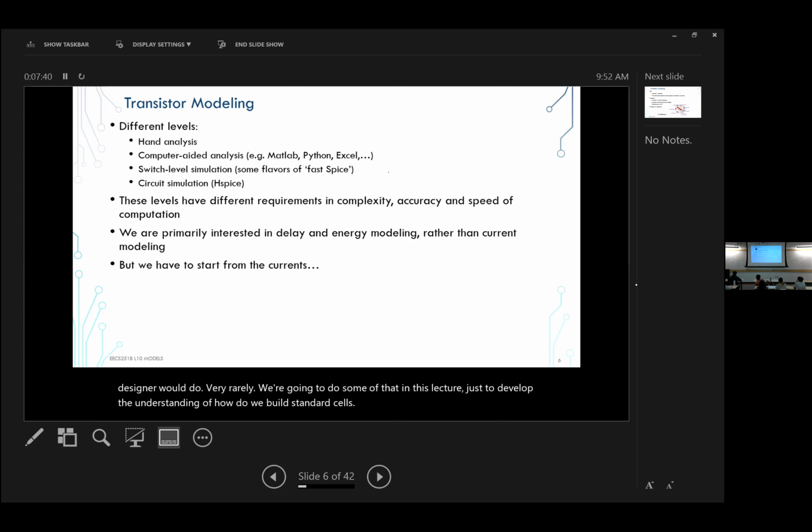Then you will find out that a similar level of models, slightly more complex hand-level analysis models, are used for technology selection, because there are trade-offs in picking things. Before starting to design a product, you have to tell your design team which technology we are going to design this product in, so they don't start designing the product in all possible technologies to find out which one is going to be better. You need to have some sense of doing that. What is a typical tool that companies, or these technology selection gurus in companies, use?